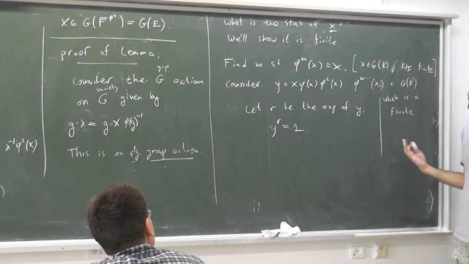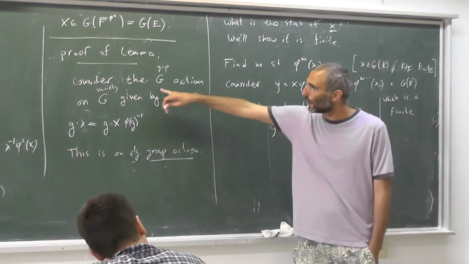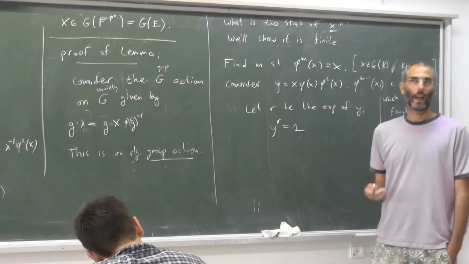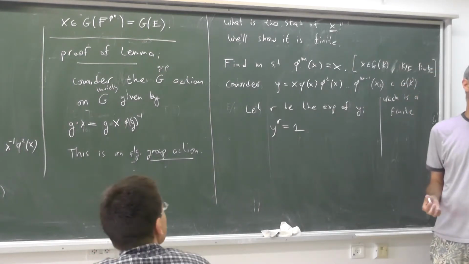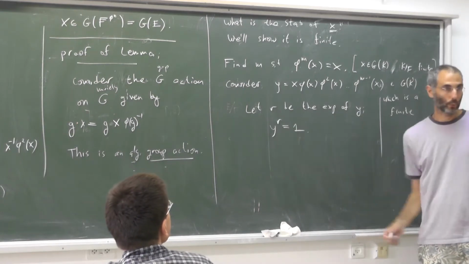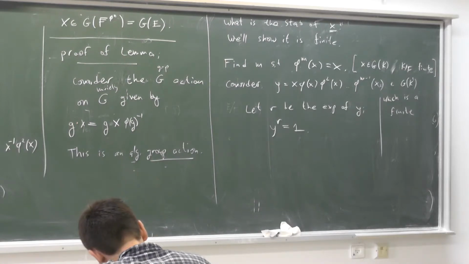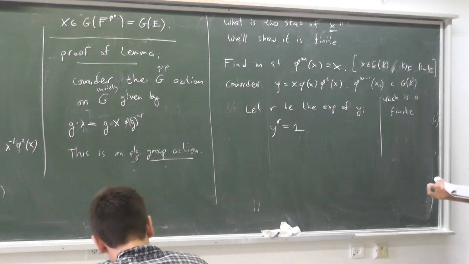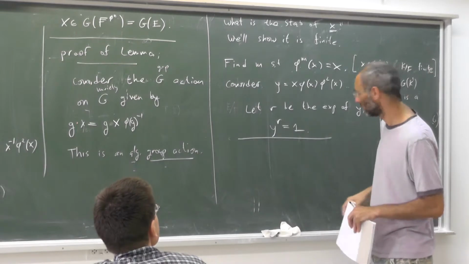Actually, maybe I'll say it differently. G(F bar), the F bar points of the group G itself, is a locally finite group. Every element has some finite exponent, taking R to be the exponent of y. And now, look at the following.